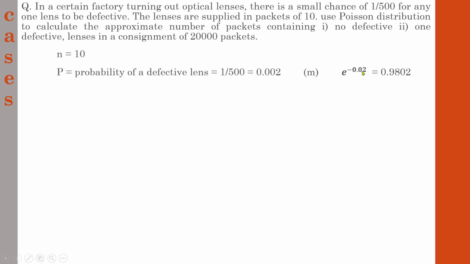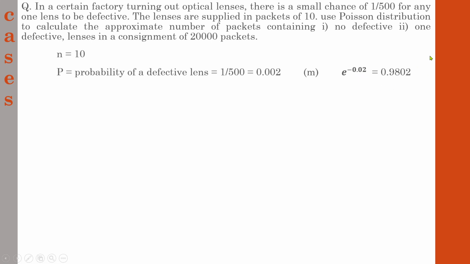Next, we need e raised to minus m. I hope you know how to find the value of e raised to minus 0.02. If you have any queries, please let me know. The value of e raised to minus 0.02 is 0.9802. It will be constant for the particular question you are dealing with, as we discussed in previous questions.